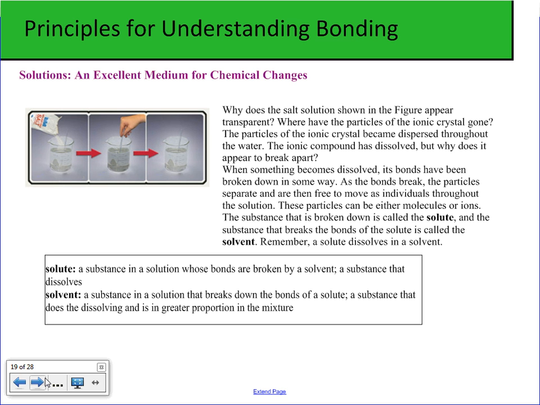So a solute is a substance in a solution whose bonds are broken by a solvent, a substance that dissolves. A solvent is a substance in a solution that breaks down the bonds of a solute, a substance that does the dissolving and is in the greater proportion in the mixture.